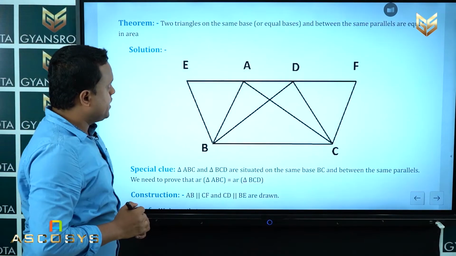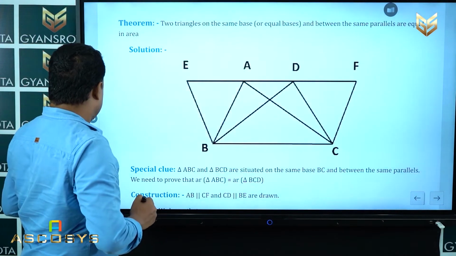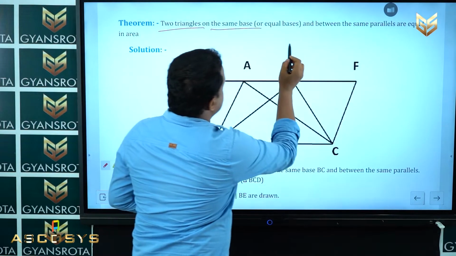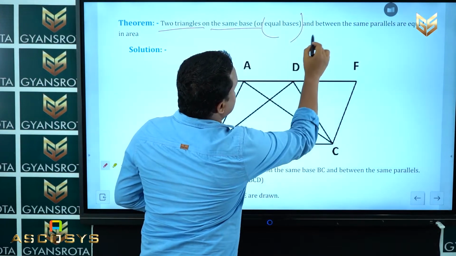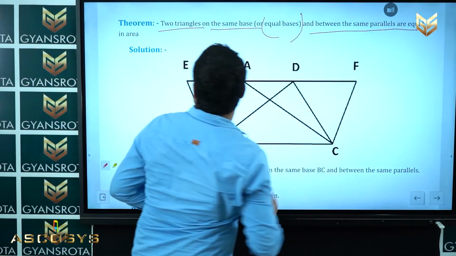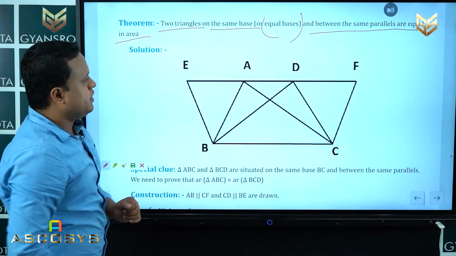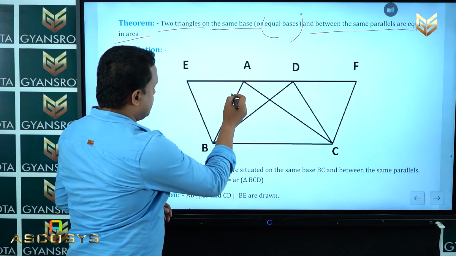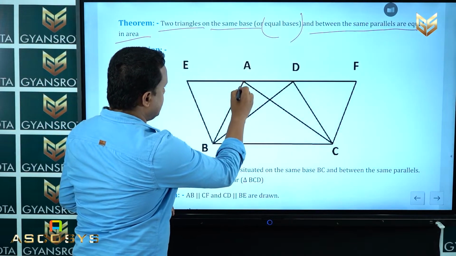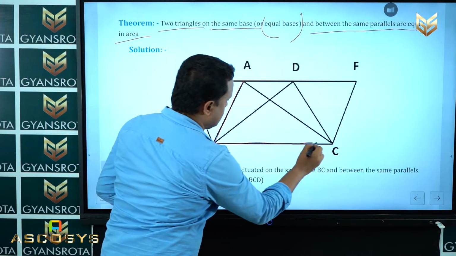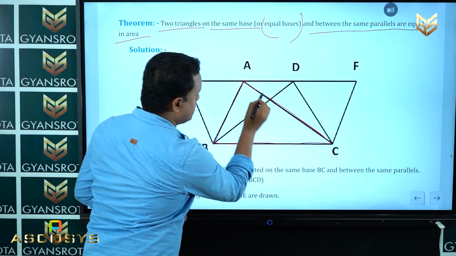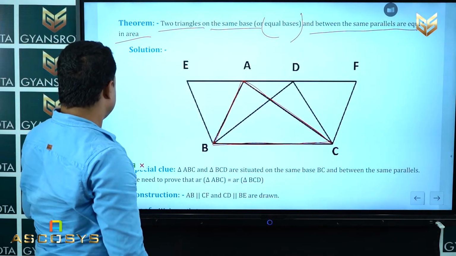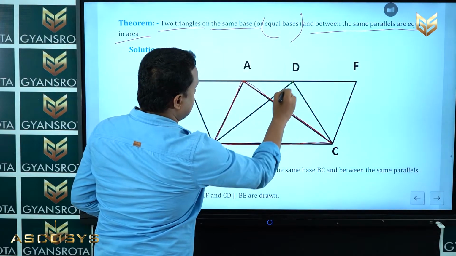We have now a theorem, and according to this theorem, two triangles on the same base or equal bases and between the same parallels are equal in area. So, these two triangles: ABC is one triangle and the other triangle is DBC.